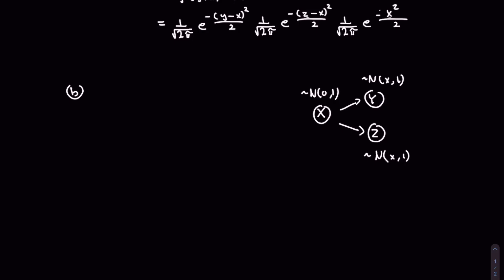And here, if we don't condition, so unconditionally, if we know the value of y, we can infer the value of z. So knowing the value of y gives us information about x.